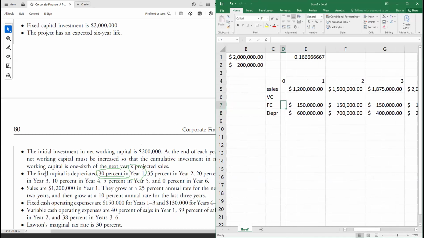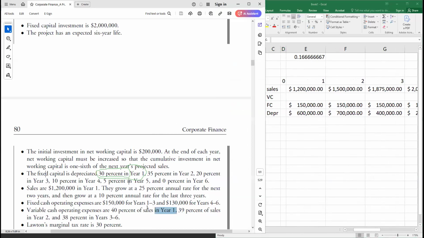It's 40% of the sales of year one. So in year one, it will be 40%.